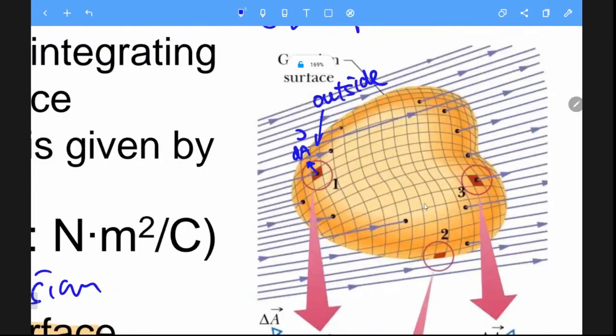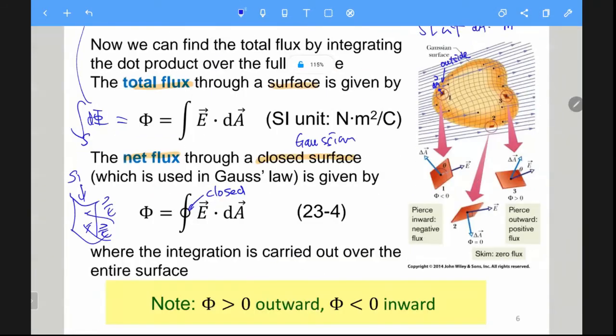Okay. So in that case, if phi is larger than 0, the flux is going outward. If phi is smaller than 0, the flux is going inward, because we already defined dA as pointing outside.